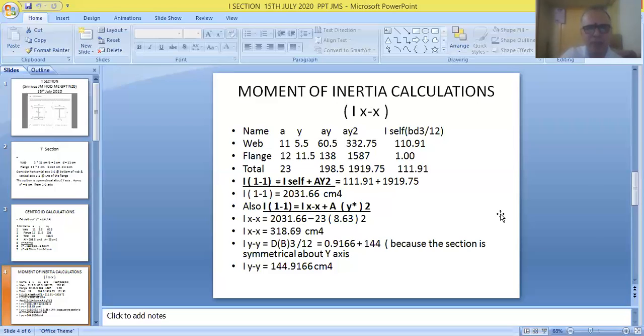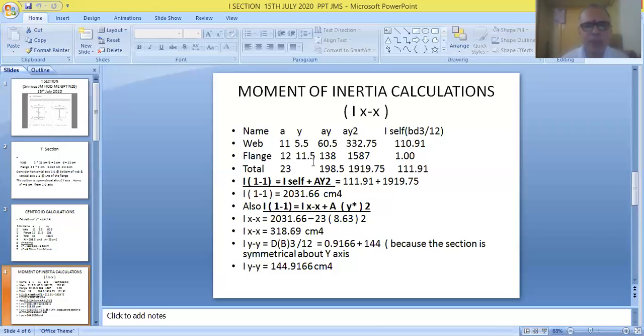So find this value for all the components. And similarly, we have to find the moment of inertia, I values for different sections, different components. So we have to use the formula BD cube by 12. That's the formula for measuring the I values for components. They are called I self values.